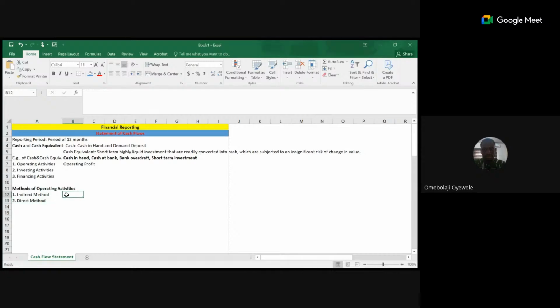But let's start with our indirect method first. Under the indirect method, our starting point is the profits before tax.